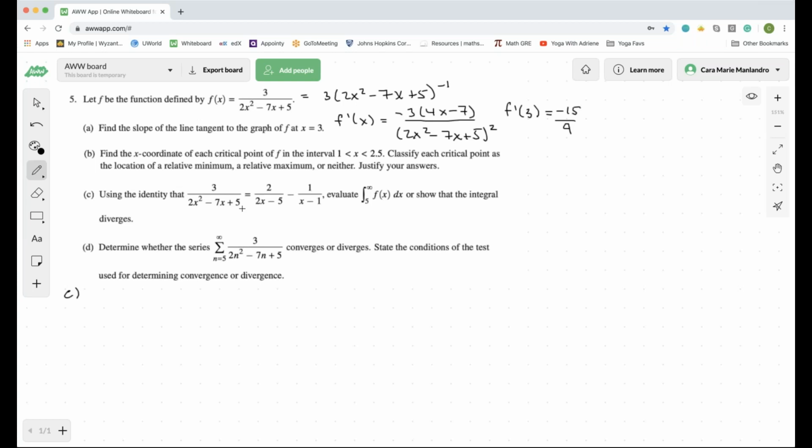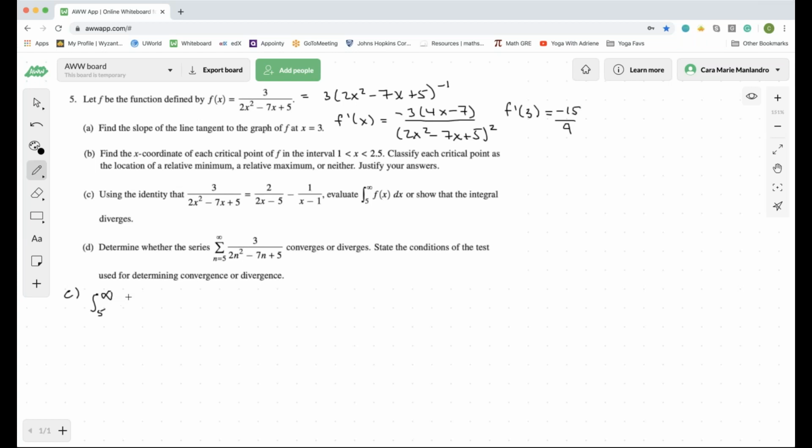Okay. So using the identity, they did the partial fraction decomposition for us. That's very nice. We want to evaluate this thing, or show that it diverges. Okay, so let's start with what this is. So not 8, infinity. All right, so we have an improper integral.